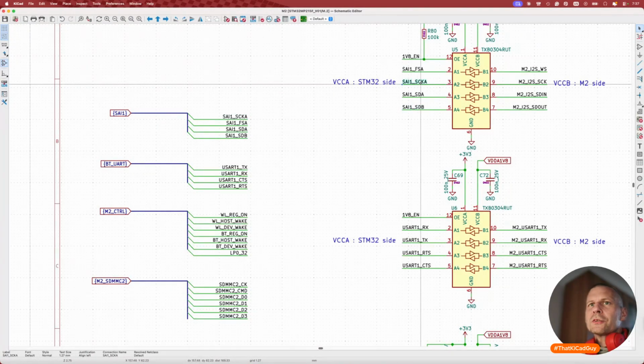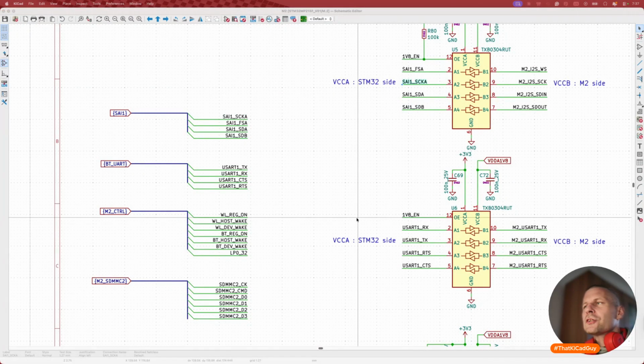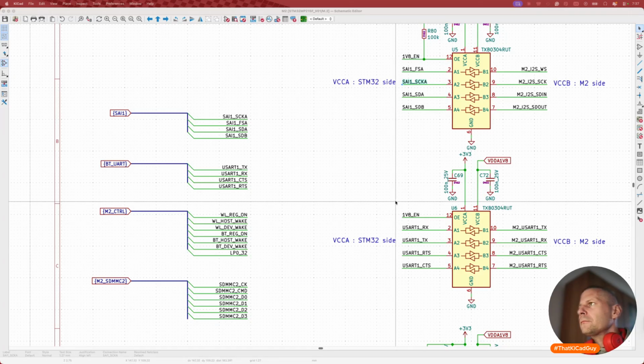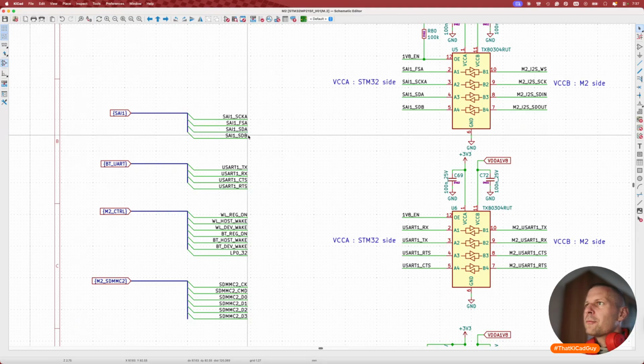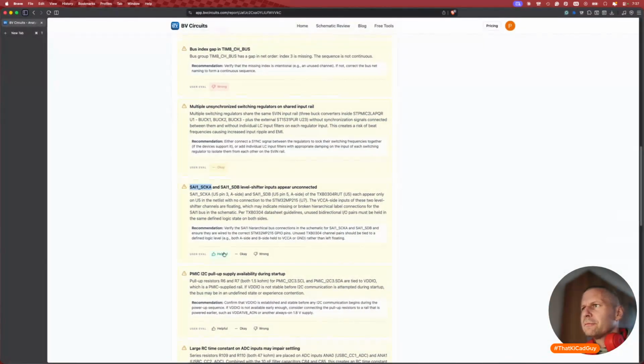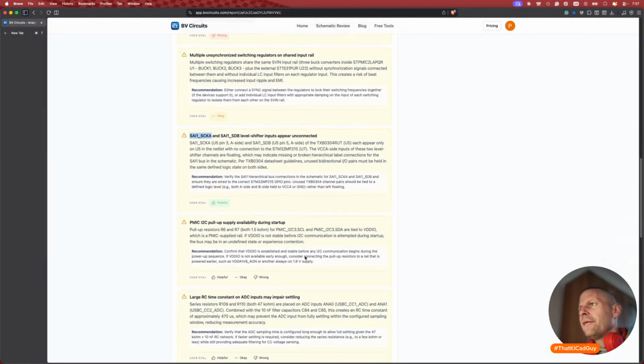Yeah, that's because KiCad changed the labels, and the netlist probably contains the original names. Yeah, that's kind of helpful, but it's not applicable to this schematic.